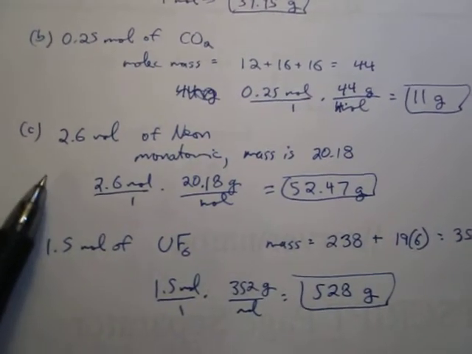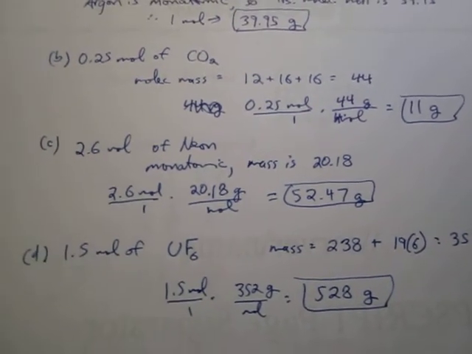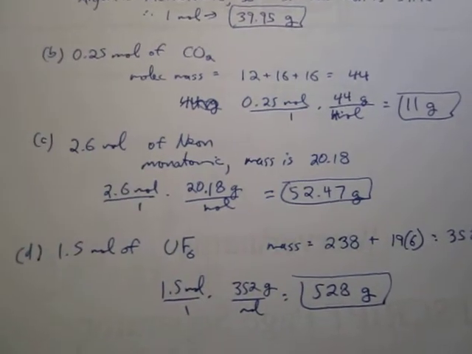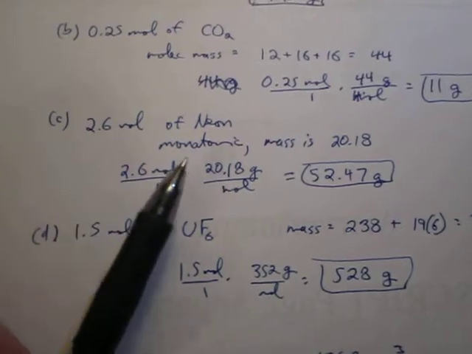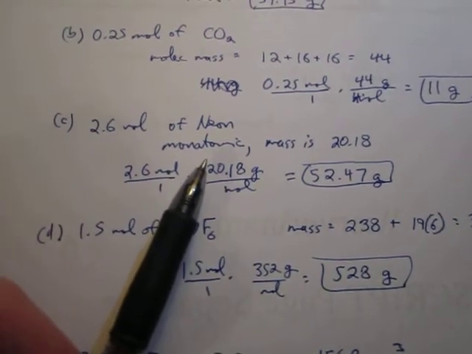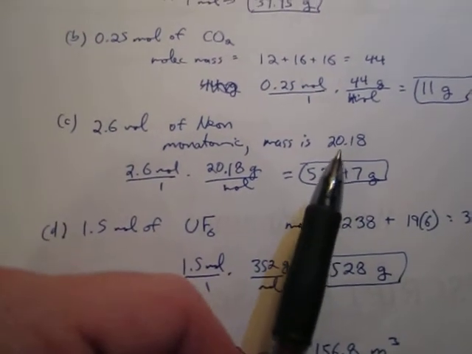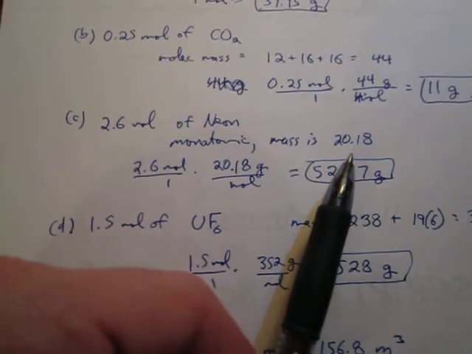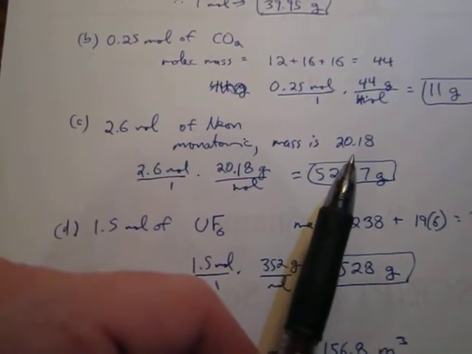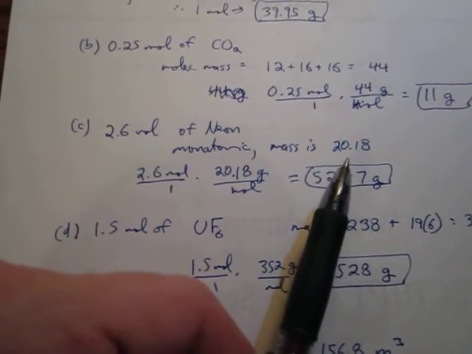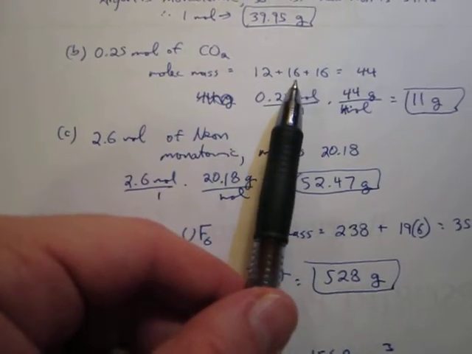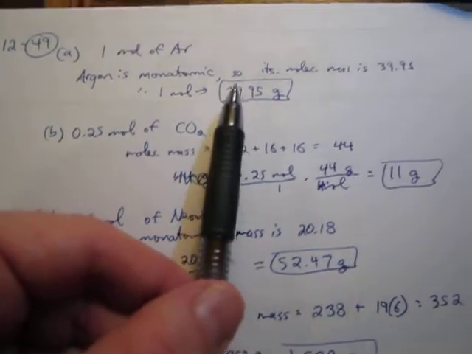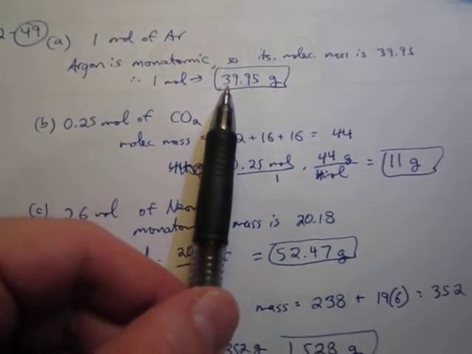Part C, we're dealing with another inert gas along the right-hand column of the periodic table. 2.6 moles of neon. Being an inert or noble gas, it's monatomic. We look on the periodic table, its mass is 20.18. The examples I did in class, like carbon, pretty close to 12, or oxygen, pretty close to 16, even argon in part A, pretty close to 40.